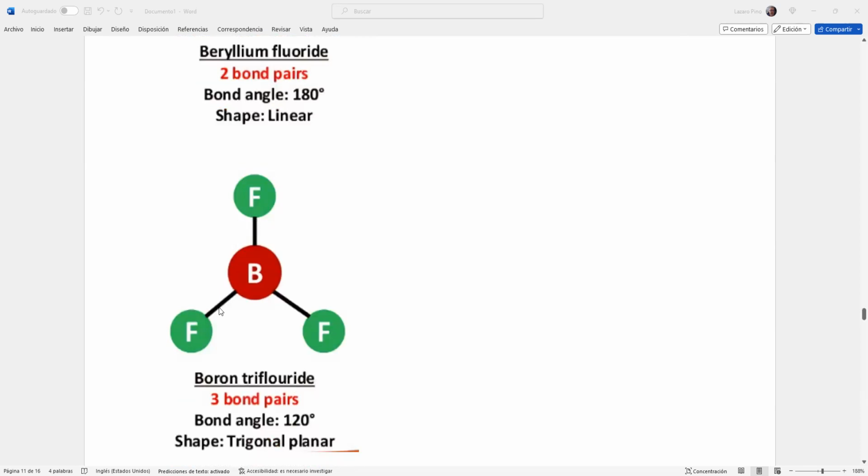Well, you have 1, 2, 3 groups of electrons, and they are bonded. So the structure is trigonal planar, and the bond angle is 120 degrees.